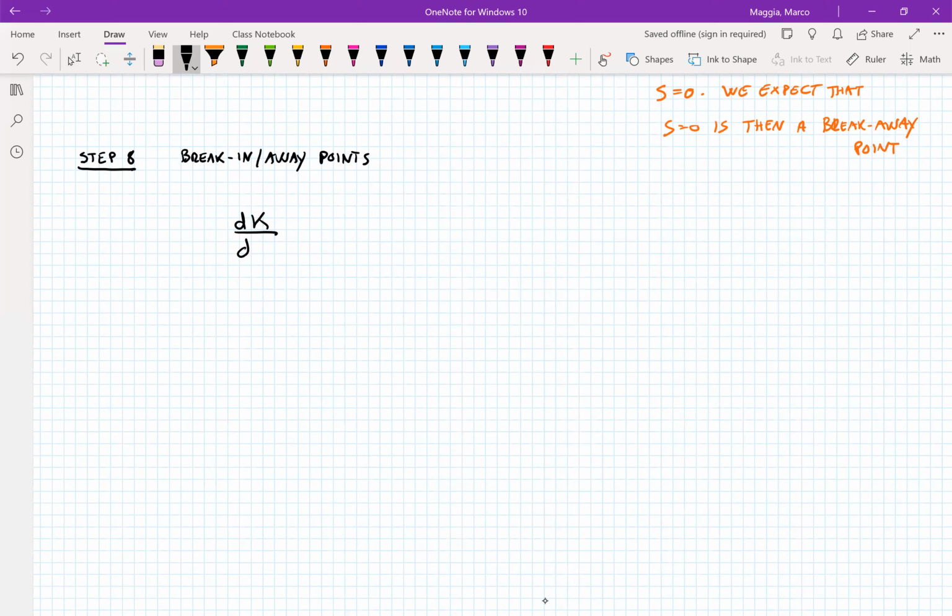And that was dk over ds equal to 0. So how do we proceed from here? Well, we always start from our characteristic equation, 1 plus k times (s plus 1) squared over s cubed equals 0. And let's make k explicit.